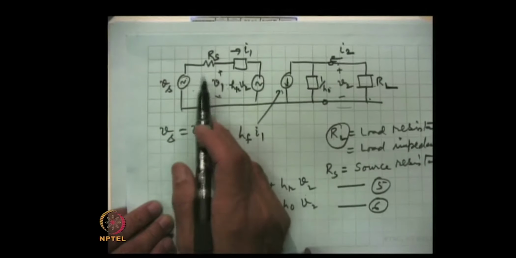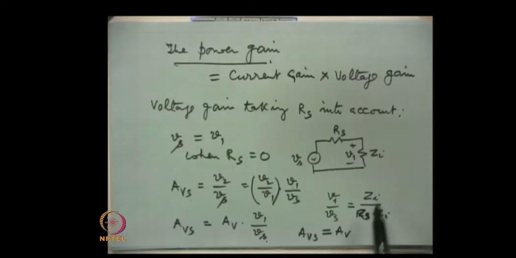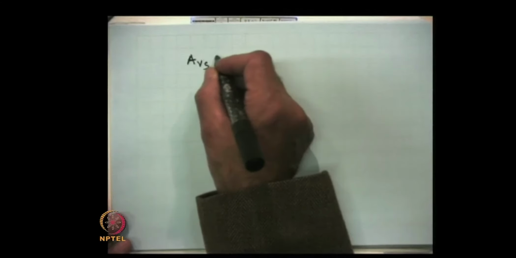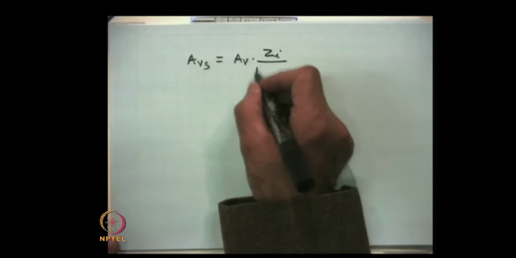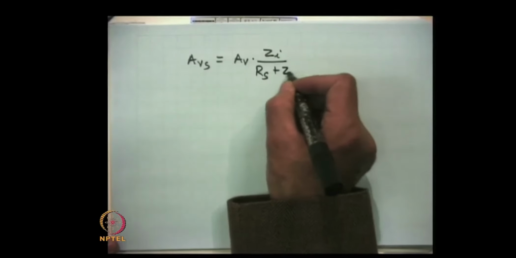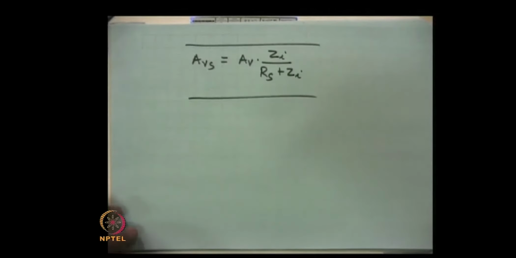When Rs is finite, we will have to take into account these resistances, and the voltage gain with Rs into account becomes AVS equal to AV into Zi, the input impedance, by Rs plus Zi. So, this is the precise expression when we include this source resistance.